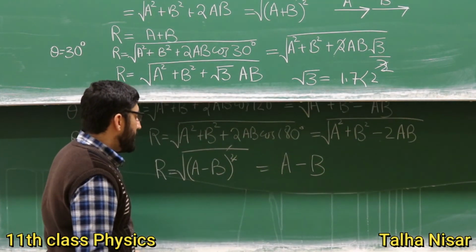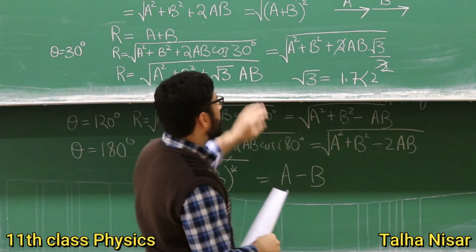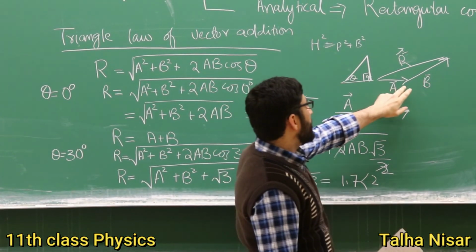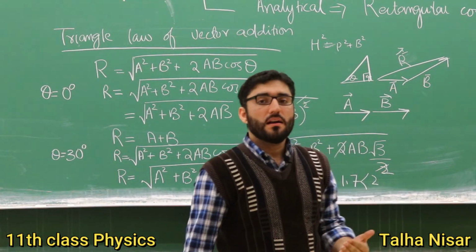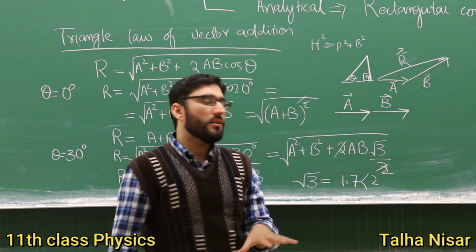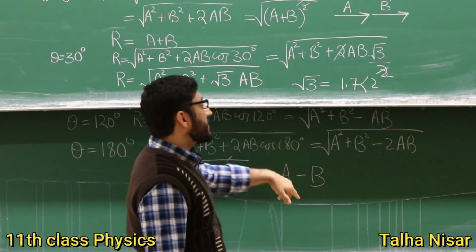So what we see here is that when the angle between these two vectors is 180 degrees, we can simply subtract like scalars.